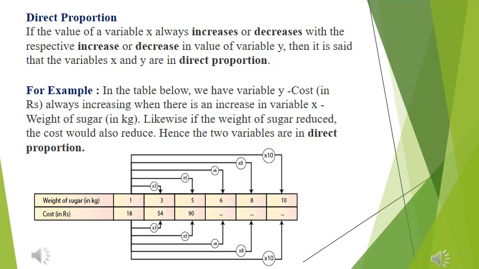When we buy more sugar, we have to spend more money. In this case both variables increase simultaneously, so that variation is called direct variation. The given example shows direct variation or direct proportion.